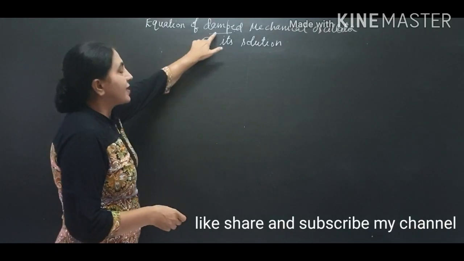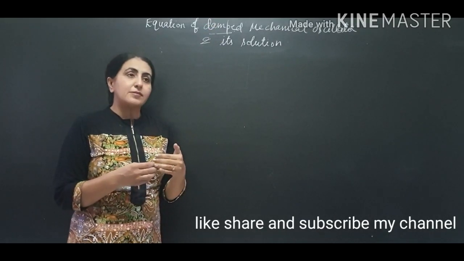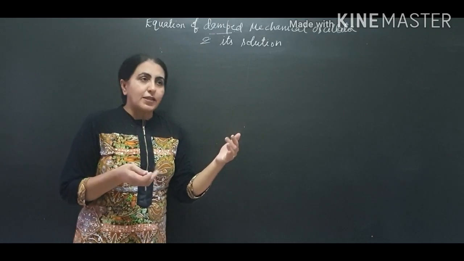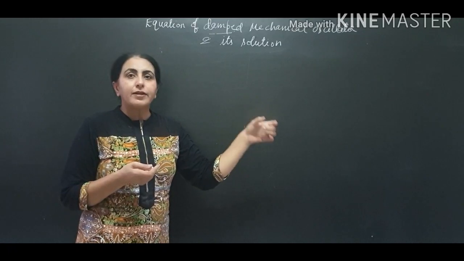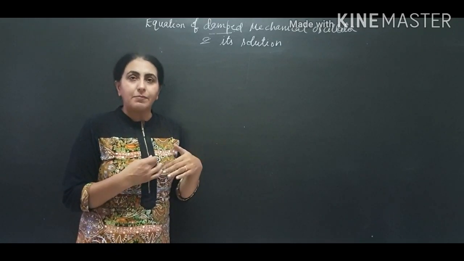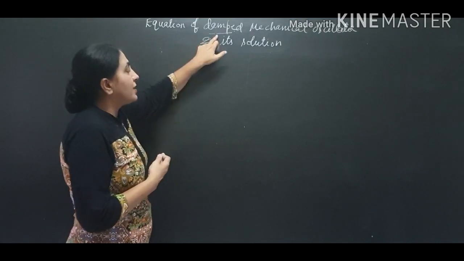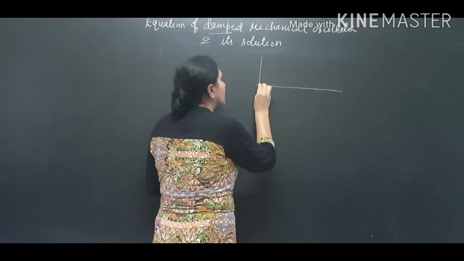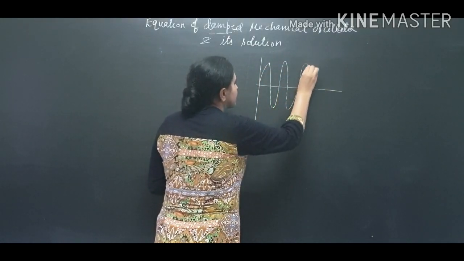But here is the new term, that is damped. So damped means damping. What is damping? You have studied in +1 what damping is. When the amplitude of the wave decreases with the passage of time, then damping occurs. Clear? For example, if this is an undamped oscillator, the wave for this is like this.